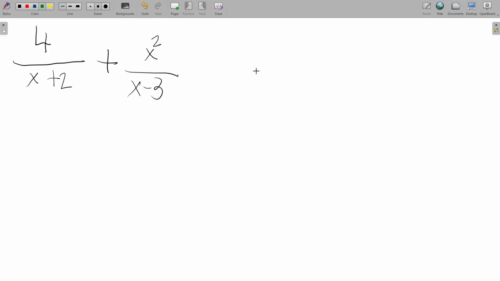So we need to find a least common denominator. And when you have polynomials like this, it's just going to be the two combined, right? So how do you find the least common denominator between x plus 2 and x minus 3? Your least common denominator is just going to be this, right? That's what it's going to be.